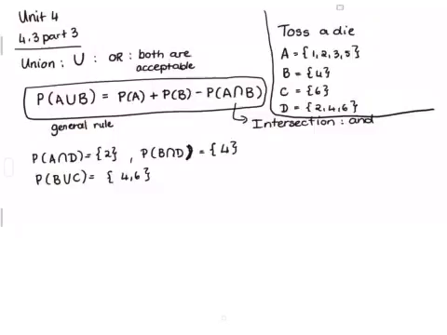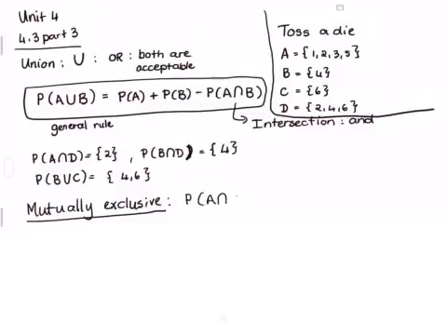Right. If we have mutually exclusive, what were they? They can't occur at the same time, then their intersection, the probability of both of them happening at the same time, is 0. Mutually exclusive, their intersection is 0.